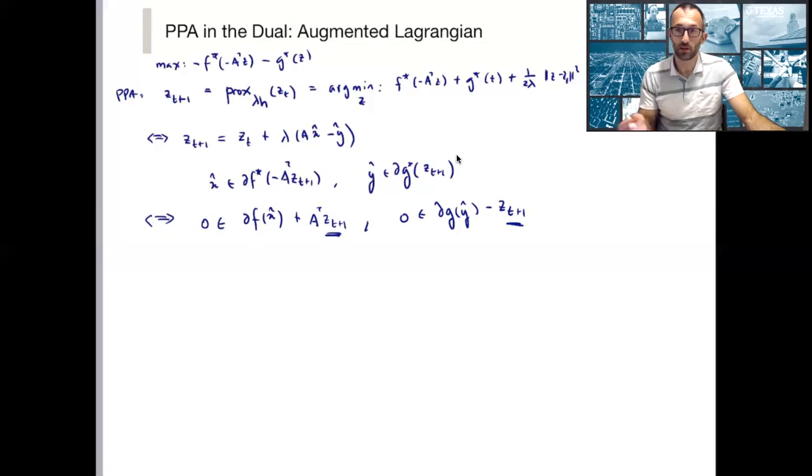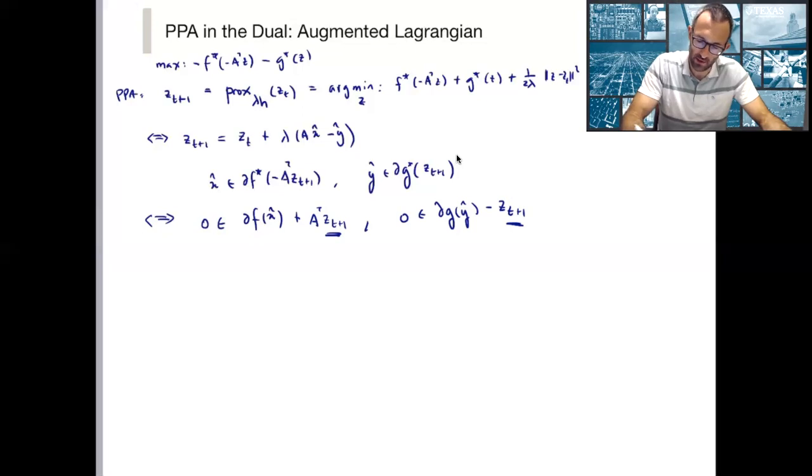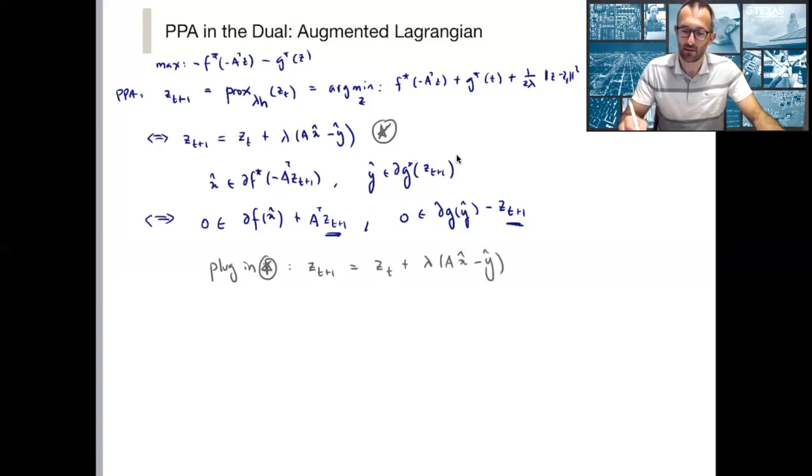So what we're going to do is just plug in for what z_{t+1} is, from the star equation, namely z_{t+1} is equal to z_t plus lambda (A x hat minus y hat). Let's do that into our expression.